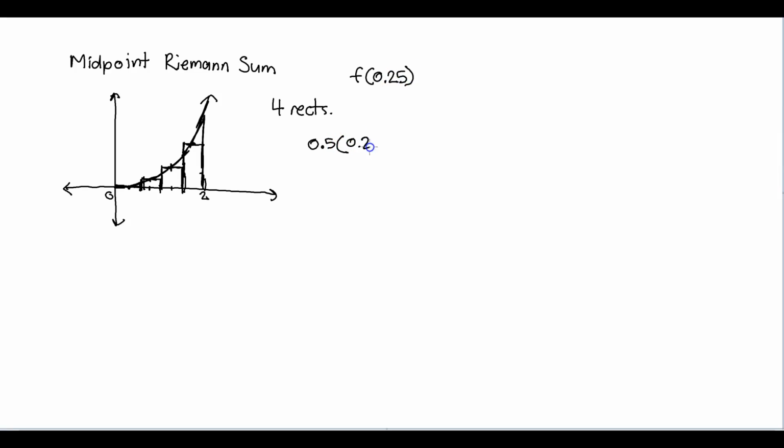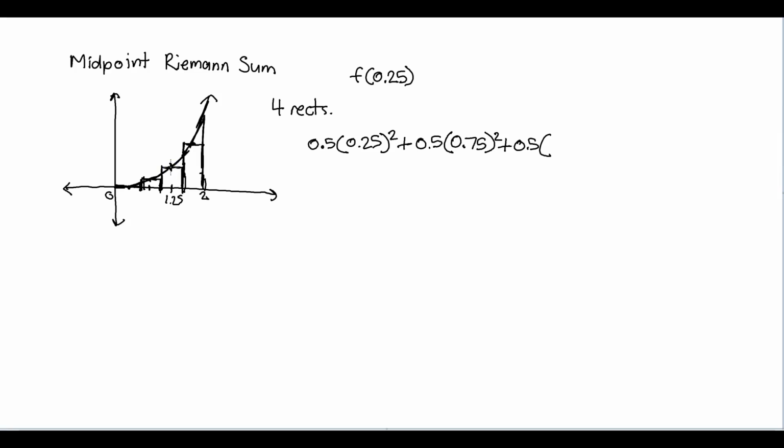That's 0.25 squared plus 0.5 times this midpoint, f of 0.75 squared, plus 0.5 times, what's this midpoint? Well, this is 1, this is 1.25.